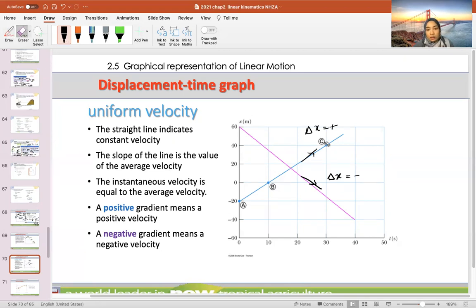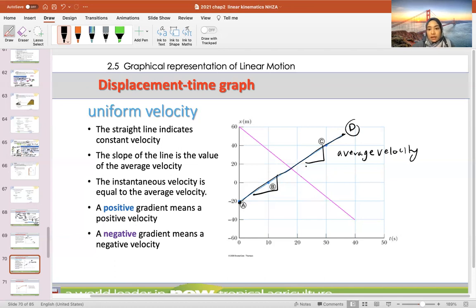So kat sini kan, dia punya displacement is just a straight line. So therefore, whatever gradient that you get at any point will give you the average velocity, sebab sama je kat semua tempat. Kalau kita nak buat from A to D, if I connect this point together, A to D, I will get the same line lah.